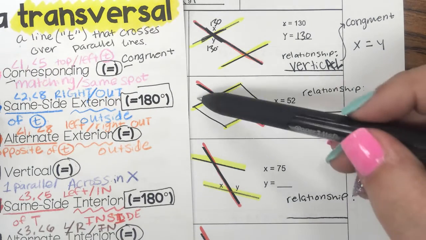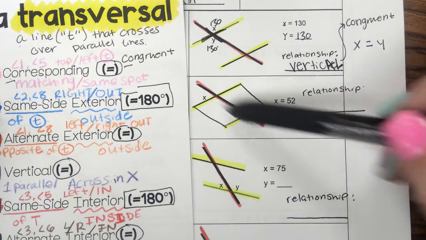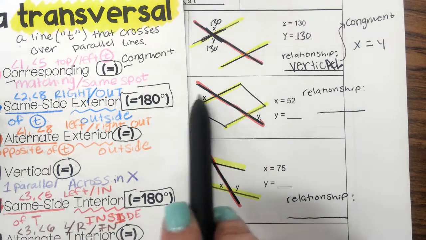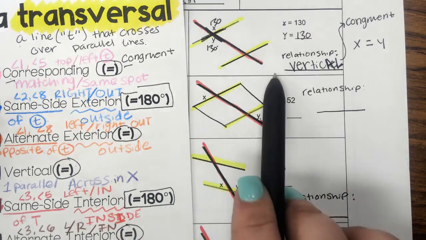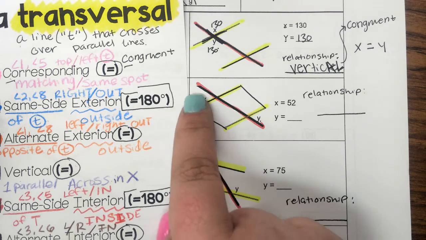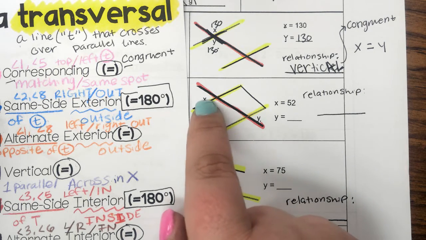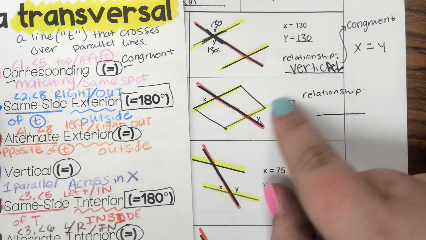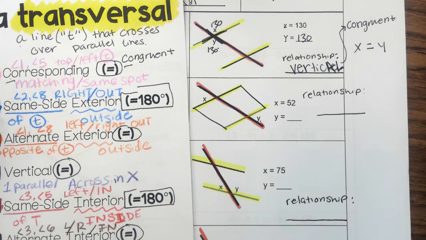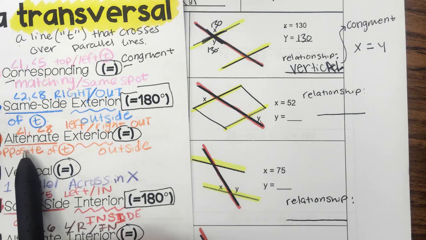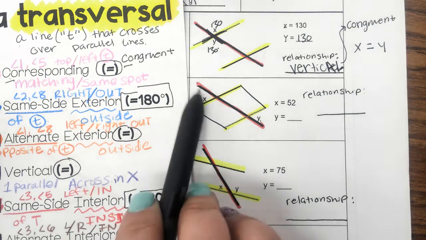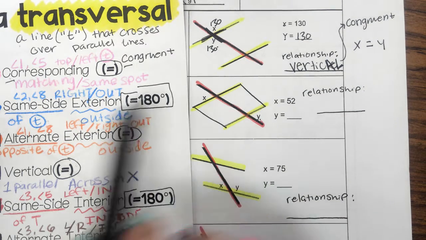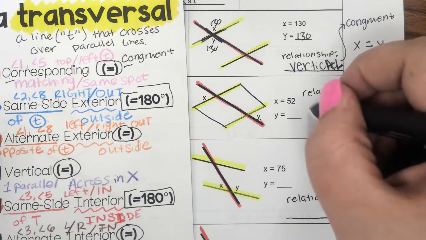Our options are same side of the transversal exterior, or alternate sides of the transversal exterior. X is on the left and bottom of the red line. Y is on the right side and on the top of the red line. So they're on opposite sides, which means the relationship between X and Y is alternate exterior angles.